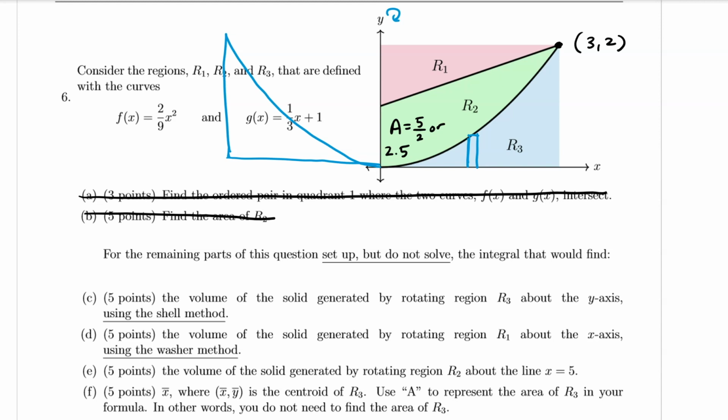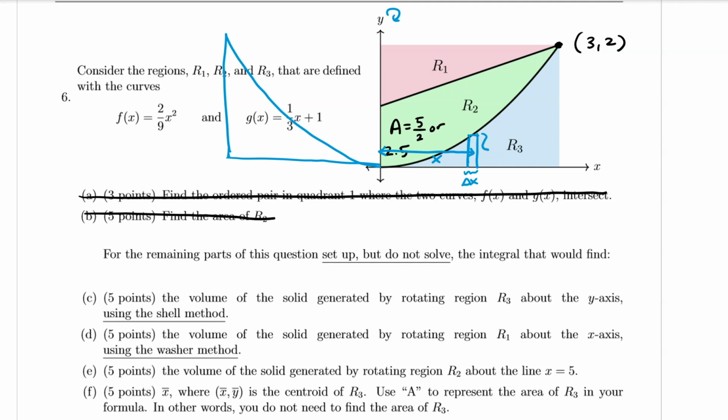And because our shell is going that way, that means that we are going to be integrating with respect to x because the thickness of our shell is delta x. And the other information we need to know is the radius, which is the distance from here to here, and that is just going to be our x value.